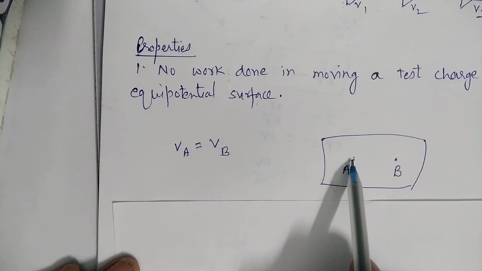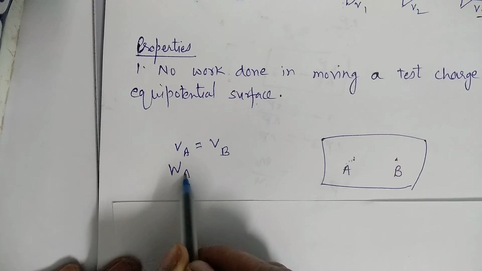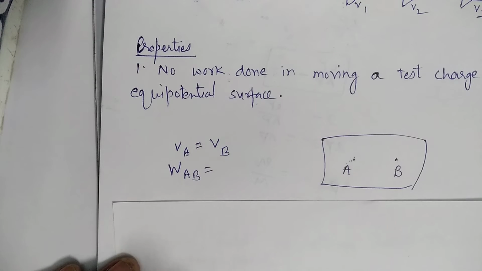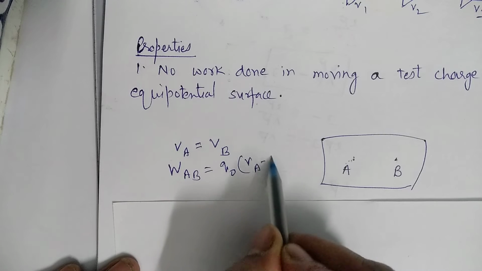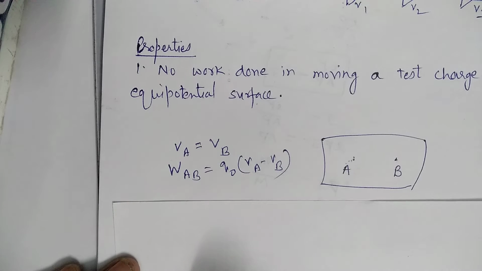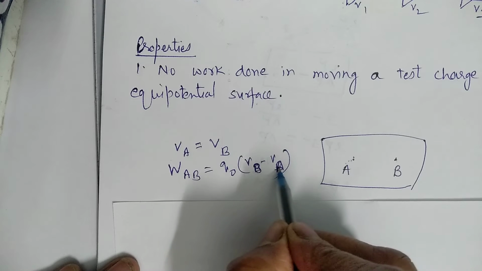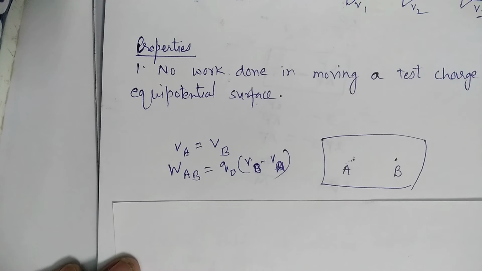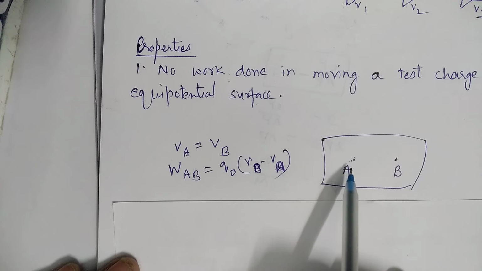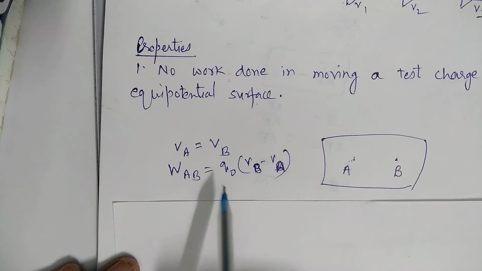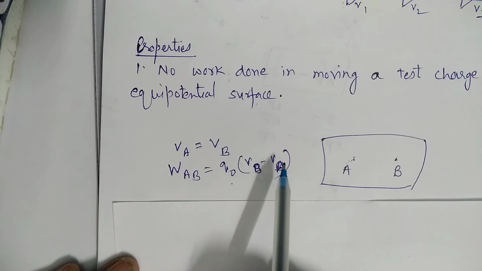So if we move a test charge from A to B, then the work done, WAB, will be given as Q0 times (VB minus VA).